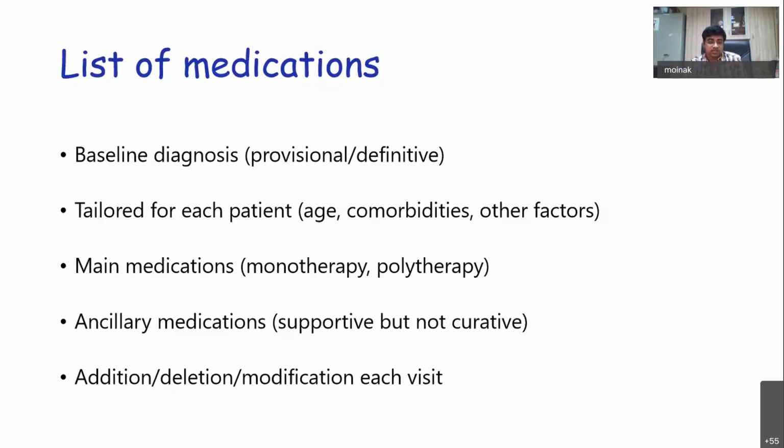Main medications, that means monotherapy or polytherapy. For example, a seizure disorder may be controlled with one drug or maybe multiple drugs. Ancillary medications may not actually cure or help the patient, but may be supportive, like hematinics, calcium, things like that. And there is addition, deletion, and modification in each visit.